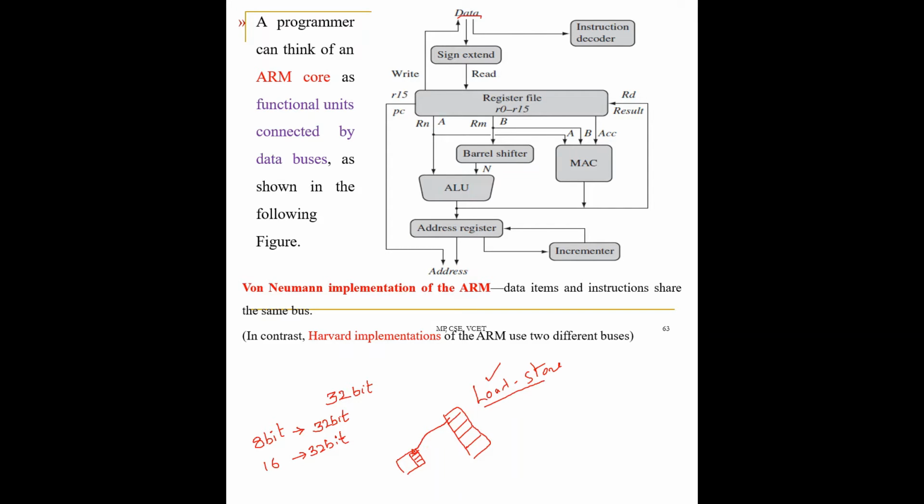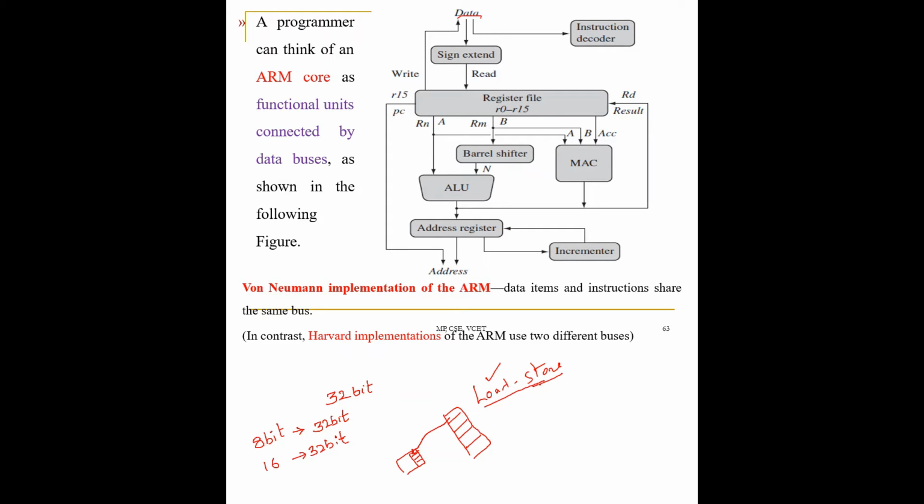After the data has been processed in these registers, the data will be moved back to the memory, and in order to move the data back from the registers to the memory, we'll be using the store instructions. That is what we call load store architecture.